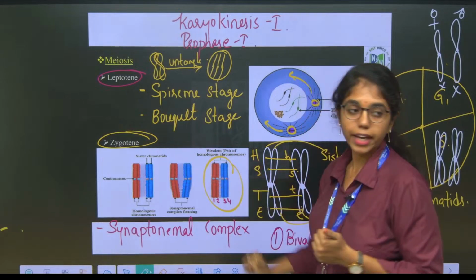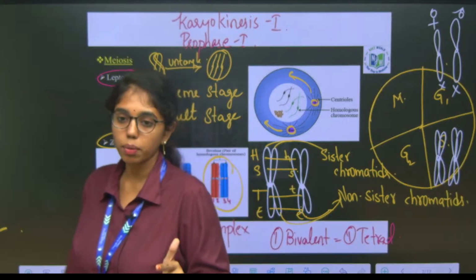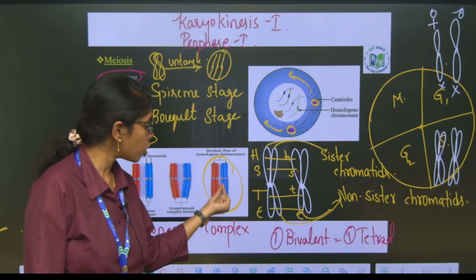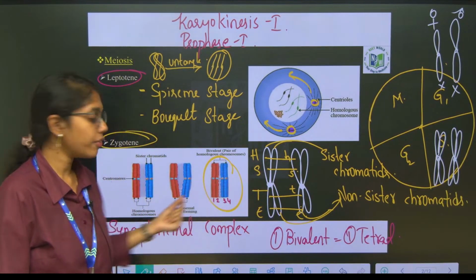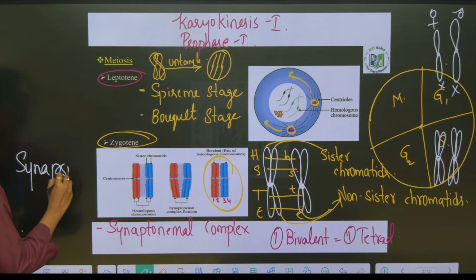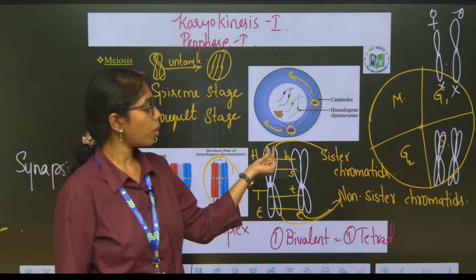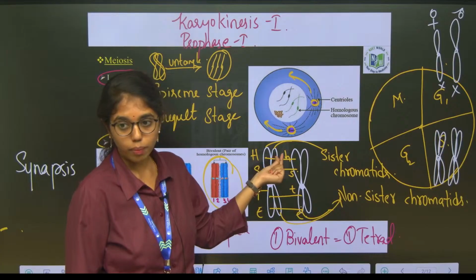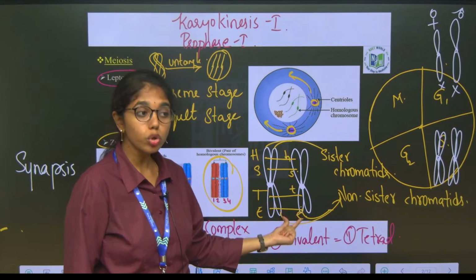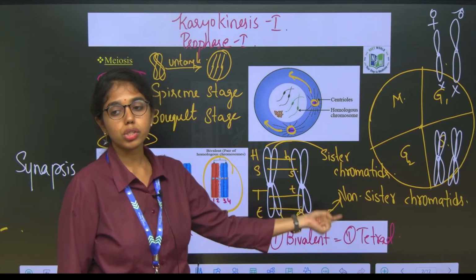And in zygotene, formation of homologous chromosomes, synaptonemal complex formation, and this homologous chromosomes coming together, that phenomenon is called synapsis, and the complex is called synaptonemal complex. These 2 chromatids of one chromosome are sister chromatids, and 2 chromatids of 2 different homologous chromosomes are called non-sister chromatids.